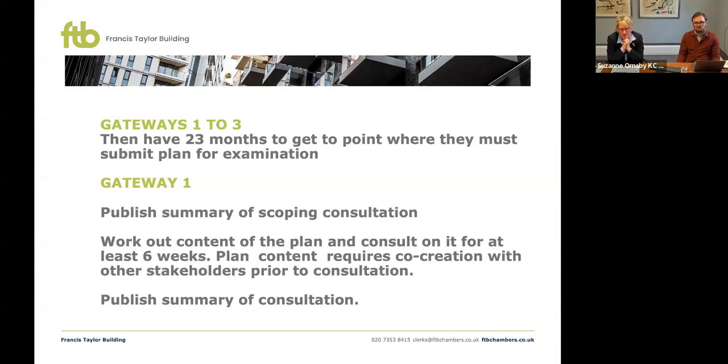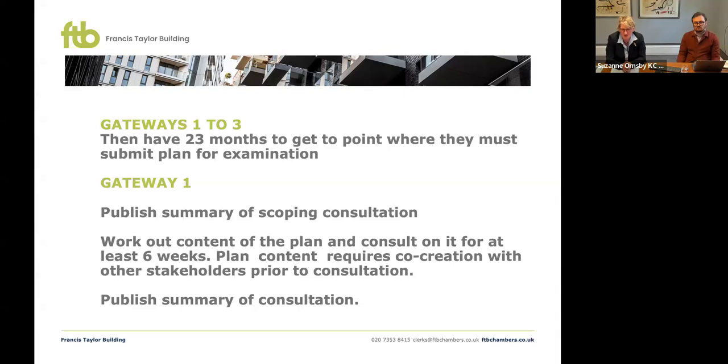23 months to get to the point where you can submit the plan for examination. Under Gateway 1, firstly, the authority has to publish the summary of its scope and consultation that it undertook under the pre-commencement process. It then has to plan the content of its emerging local plan, and that planning requires co-creation with other stakeholders prior to consultation.